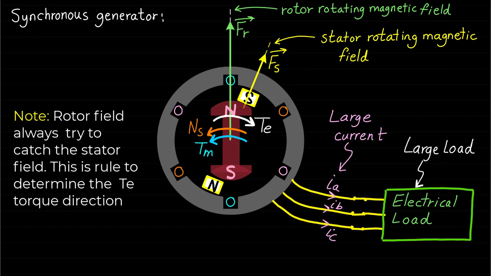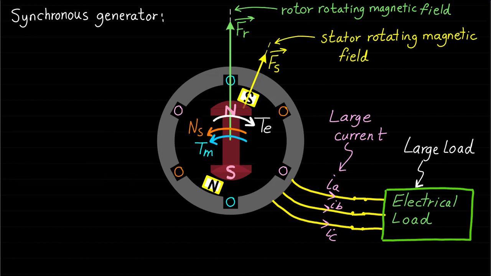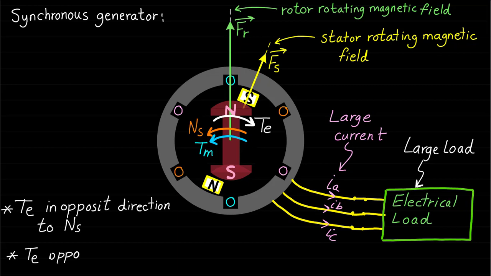Therefore, a mechanical load Tm which is produced by the turbine must be increased and balance the torque Te to maintain the original synchronous speed Ns. It is worth mentioning here that in generator mode, the direction of the electromagnetic torque Te developed by the generator is opposite to the rotor rotation and opposite to the mechanical torque Tm.